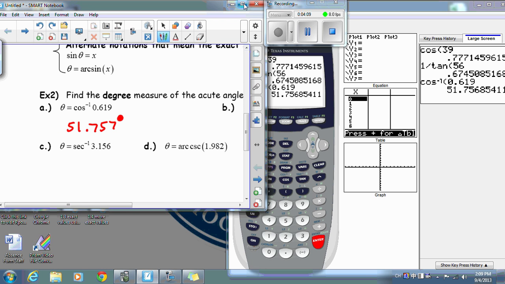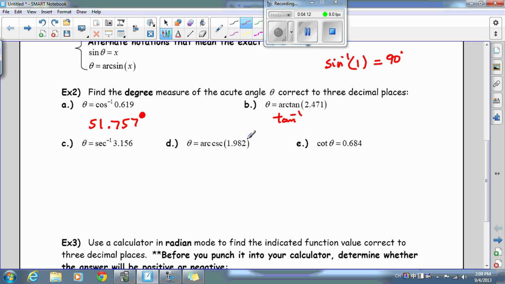Now it gets a little bit more complicated if you're trying to find the secant inverse. To find the secant inverse, you will no longer say 1 over cosine, but because we're looking for an angle, you will say theta is equal to the cosine inverse of 1 over the ratio, meaning 3.156. For D, instead of arc cosecant, it will be the sine inverse of 1 over 1.982.